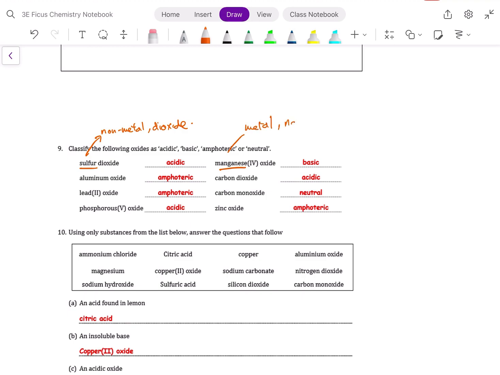Then it's not Z, A or P: not zinc, aluminium, or lead. Pb is the chemical symbol for lead. If you like the name, it's ZAP, not potassium. So this one is basic. For amphoteric, you have one of those in ZAP, aluminium. So that's amphoteric. And once again, carbon dioxide, non-metal dioxide, so that one is acidic.